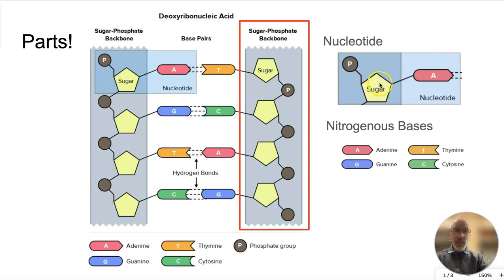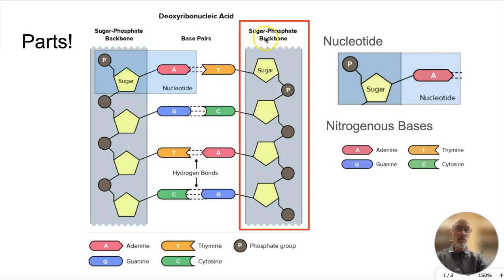Attached to that is a base. We'll see the nitrogenous bases, which just means they have nitrogen in them: adenine, guanine, thymine, and cytosine. Those are the 4 DNA nitrogenous bases.